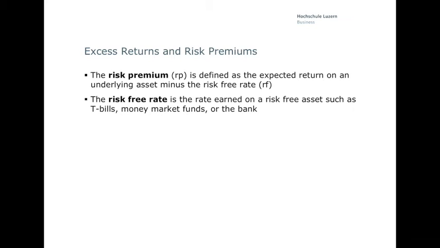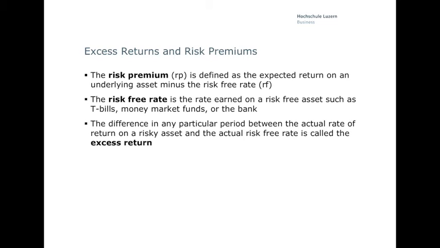The risk-free rate is the rate you would earn on assets which are not expected to default, such as T-bills and money market funds, assuming that governments providing these risk-free assets cannot default. Excess returns are the difference between the actual rate of return on a risky asset and the actual risk-free rate in any particular period.